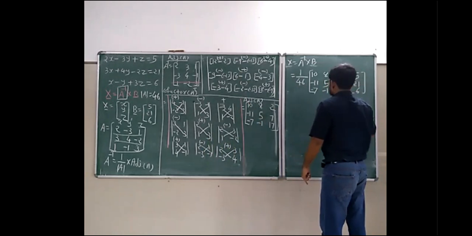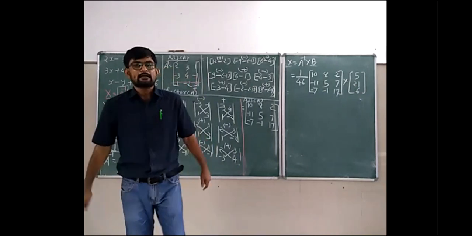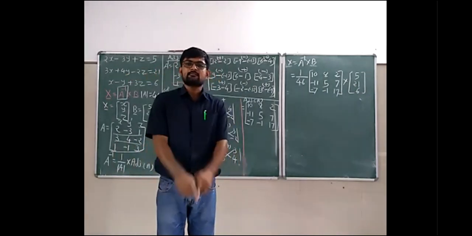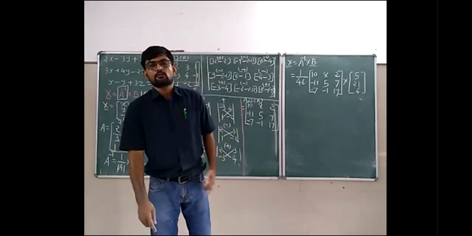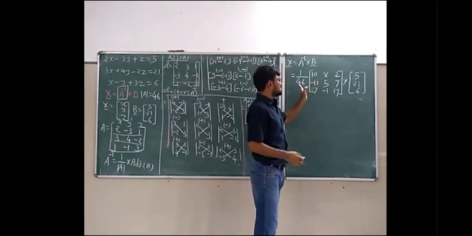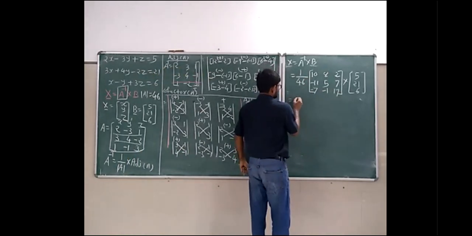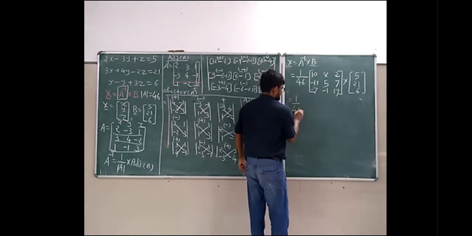And I have told you in the last lecture that whenever you want to multiply two matrices, first multiply the matrices and then finally go for the division. That means we'll divide all the elements by 46 after multiplication. Okay? For simplicity.